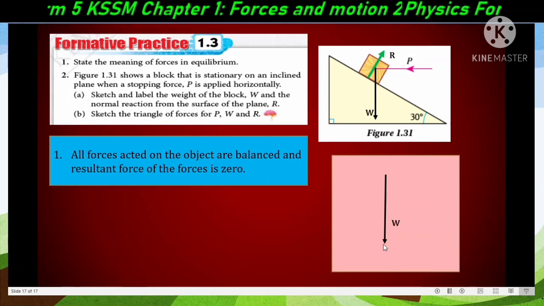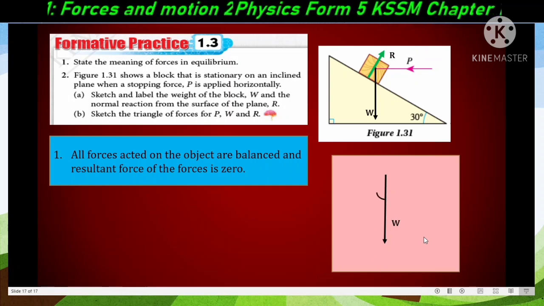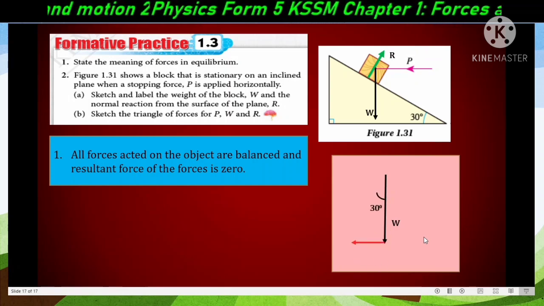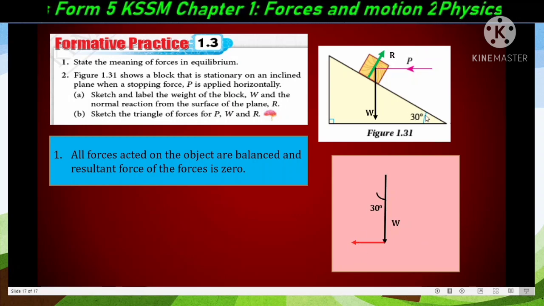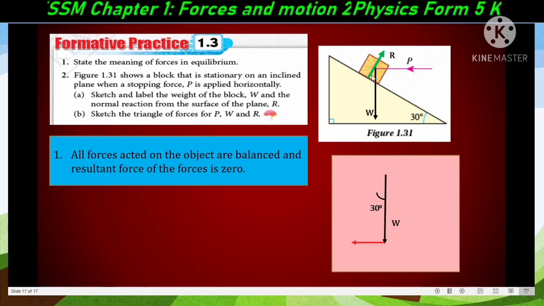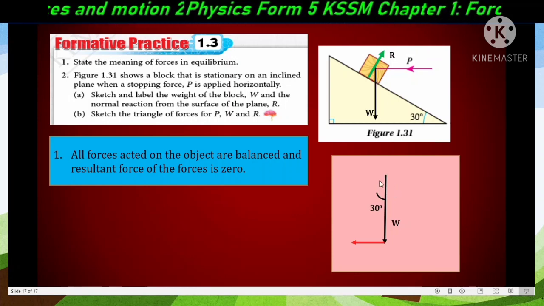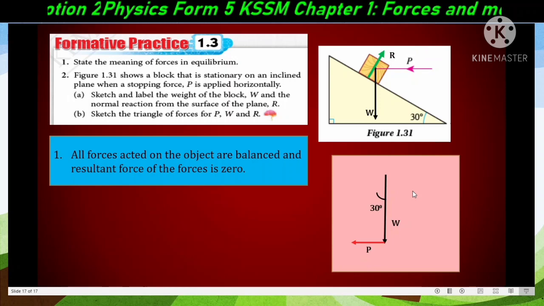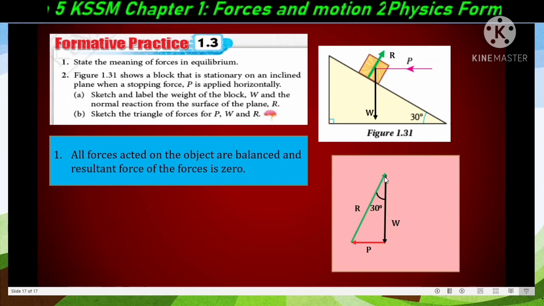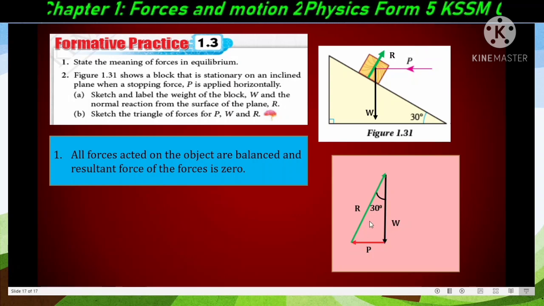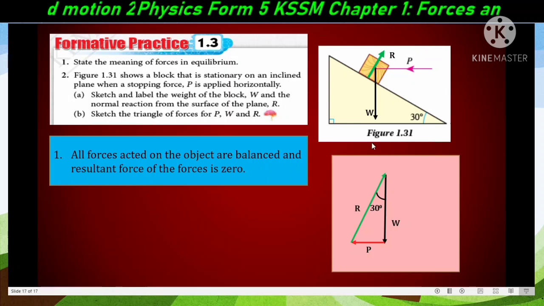At the end of W, I continue drawing P. Then R: the angle between R and W is 30 degrees, so at 30 degrees, draw R. So you can see this is the triangle of forces for the forces acting on the block.